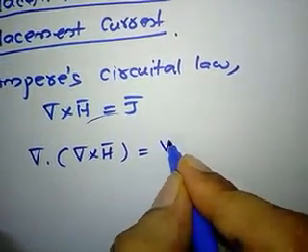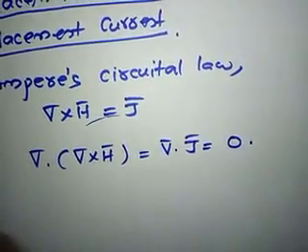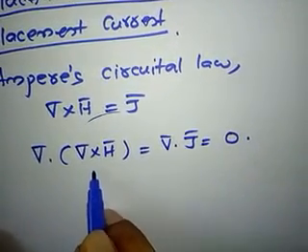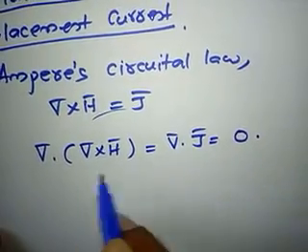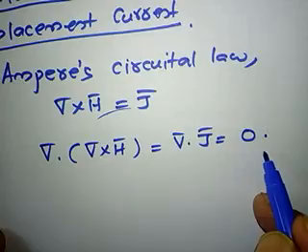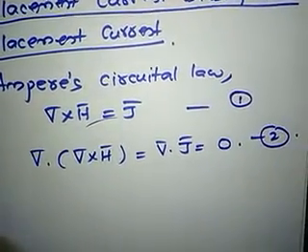This is equal to del dot J bar, so that is equal to 0. Because J is nothing but del cross H. So take this as 1, this as 2.